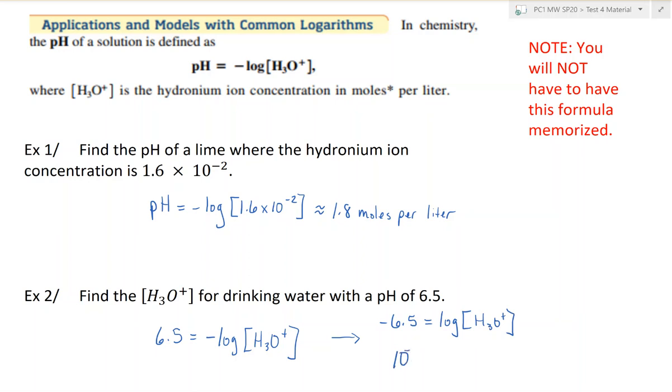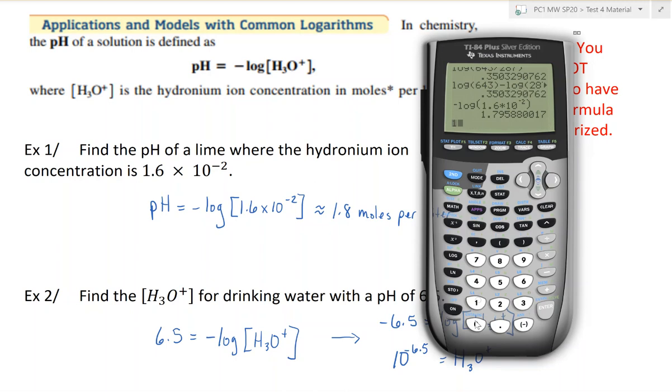So it's 10 to the negative 6.5 equals H3O positive. And then you can use your calculator. 10 to the negative 6.5, and that's going to be 3.16 times 10 to the negative 7.